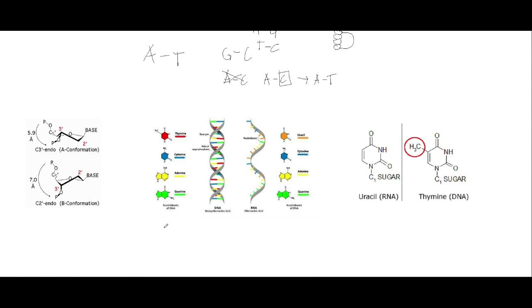So down here we'll look at the difference between DNA and RNA. The first thing to notice is that DNA is almost always double-stranded. RNA is kind of a wild card.